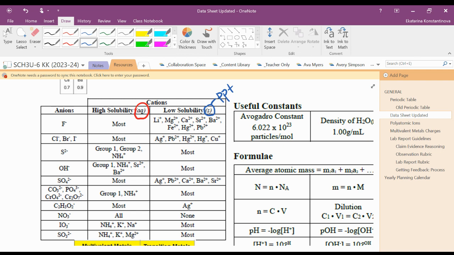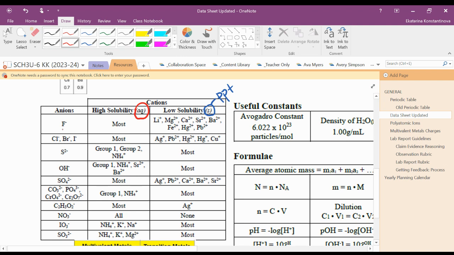Now, how do I read this solubility chart? Well, you need to figure out which anion is mixing with which cation. So let's say I'm trying to figure out, when I do a double displacement reaction, will fluorine form an aqueous solution or a precipitate with lithium?